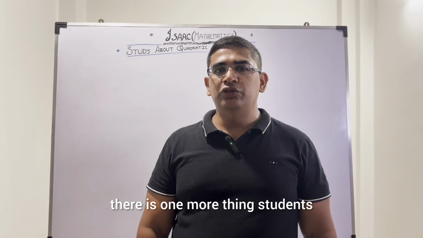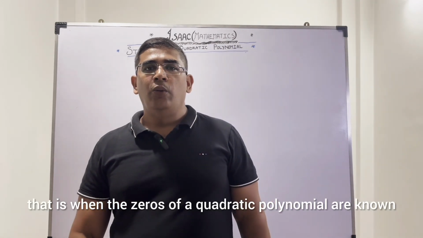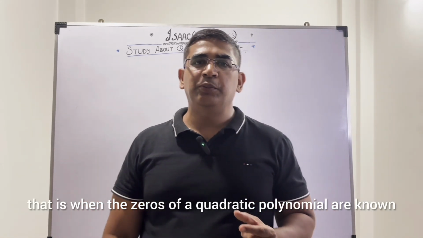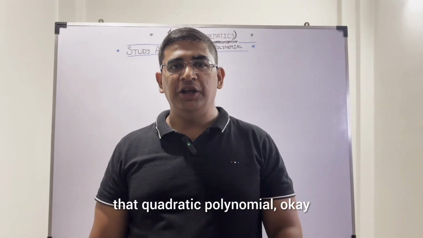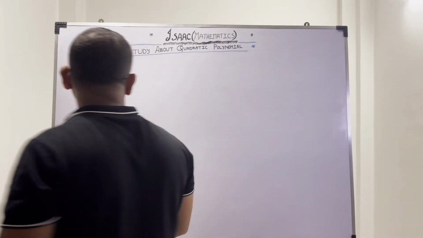There is one more thing, students: when the zeros of a quadratic polynomial are known, how can we find that quadratic polynomial?